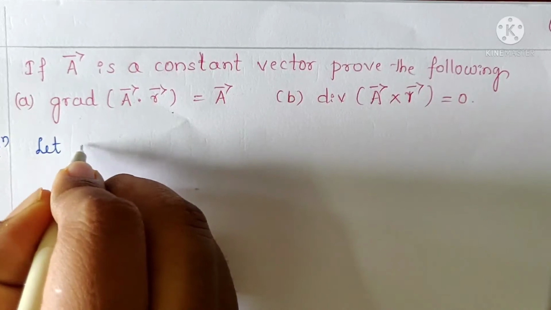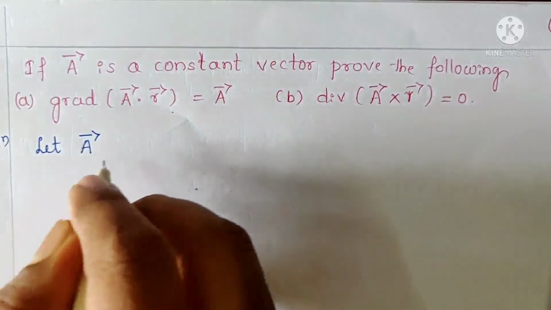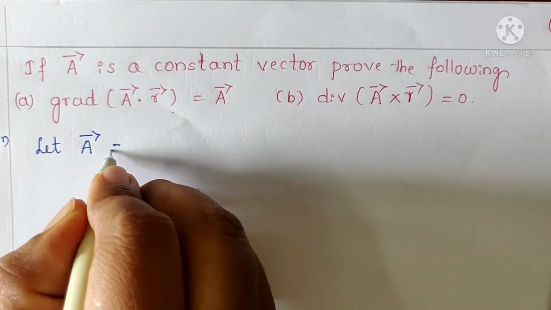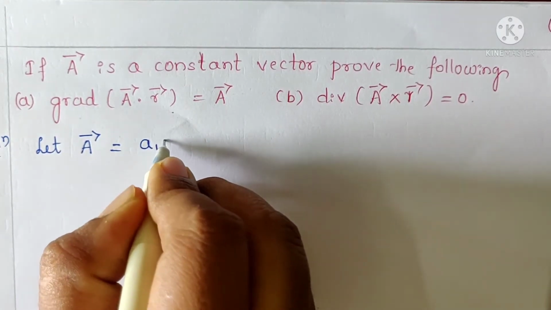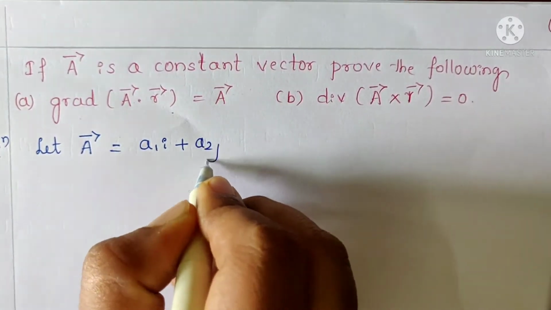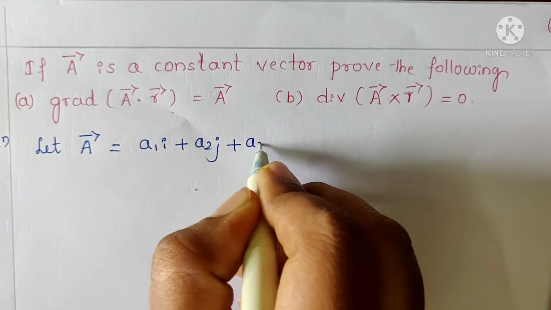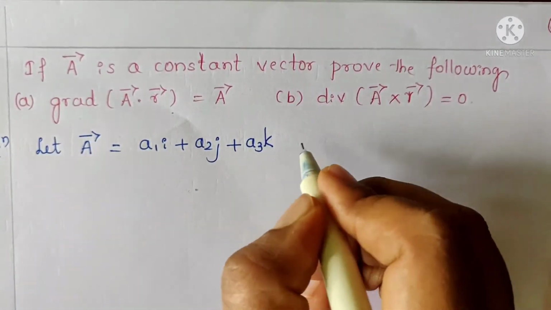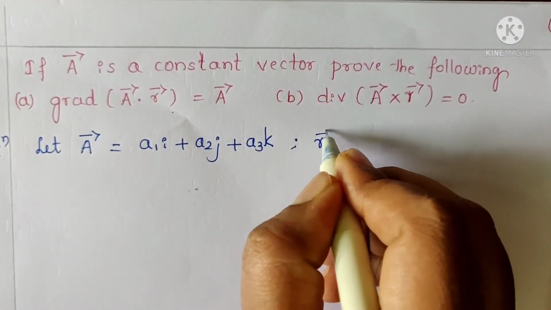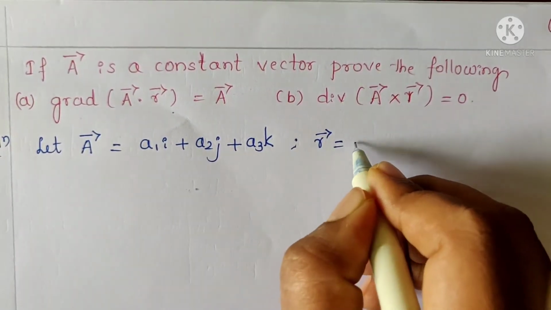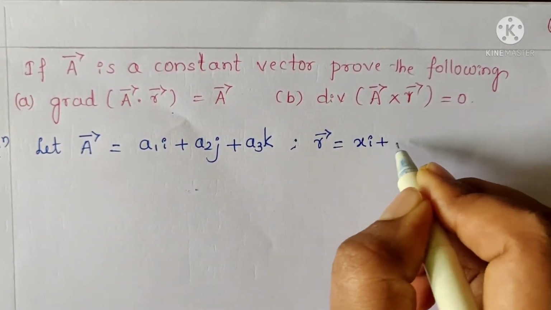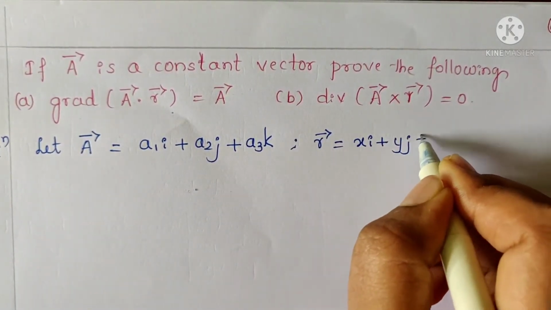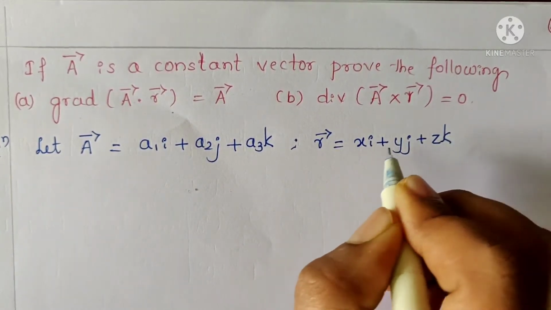Let vector A, they said it's a constant vector, so we can write it as a1i plus a2j plus a3k, and we write our position vector r as xi plus yj plus zk.